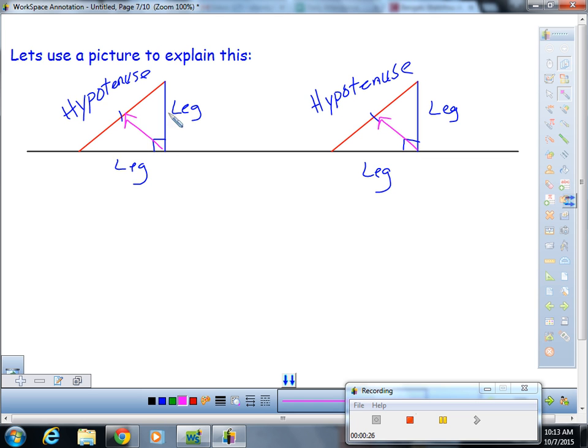Well, if you also know that one of the legs of one triangle is congruent to one of the legs of the other triangle, now you can say that these triangles are congruent by the HL postulate. This is a specific version of the ASS theorem.